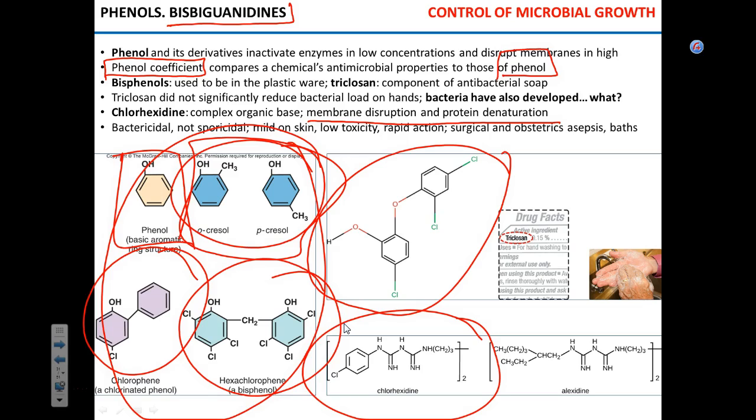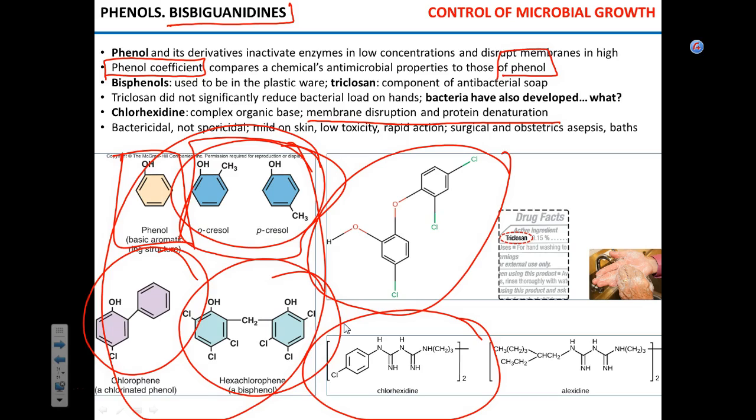It is very mild to mucosal membranes. Can be used in OBGYN settings, surgical settings, baths for patients in hospitals and people in nursing homes. Chlorhexidine is very widely used, so let's wait and see when microbes will develop resistance to it.